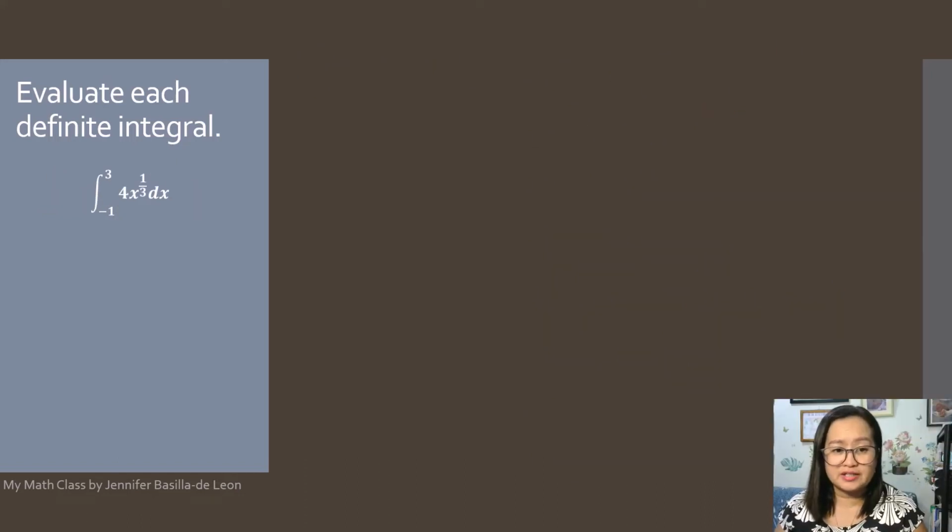Let's have the second example. Now we are asked to get the definite integral of 4x raised to 1/3 at a closed interval from negative 1 to 3.